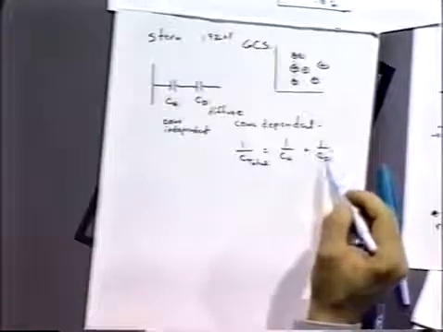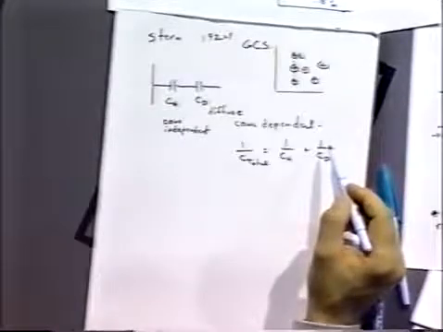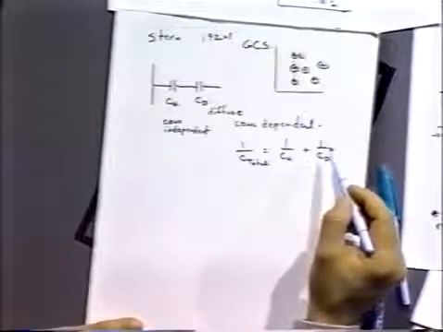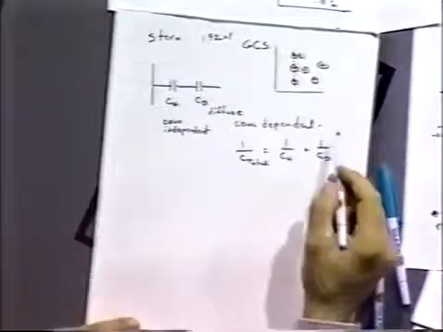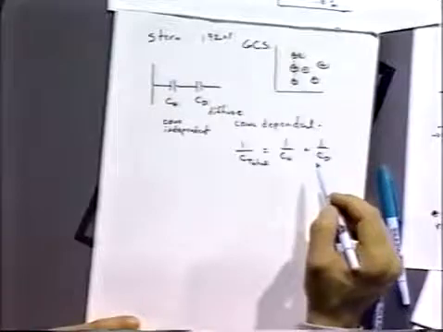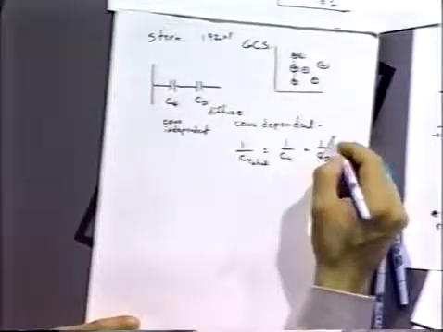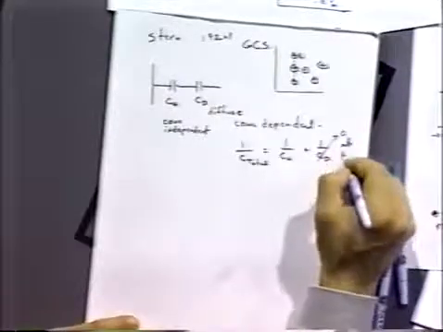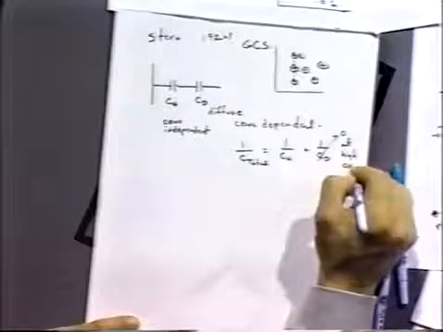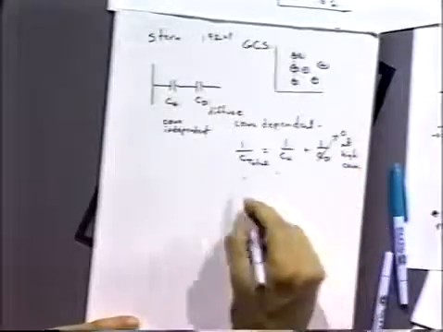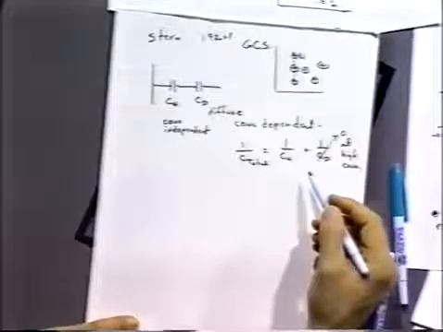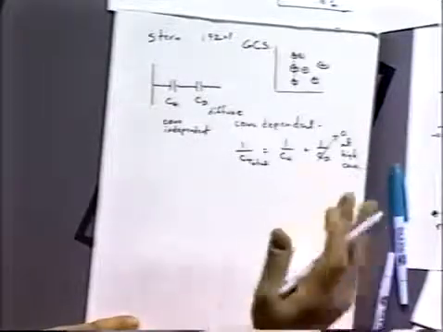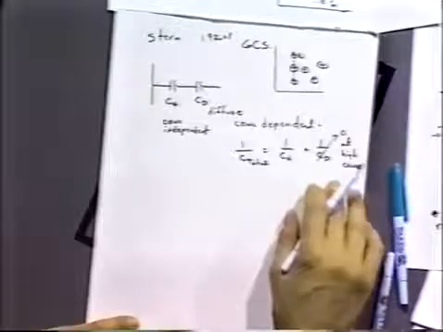Now, when the diffuse capacitance becomes large, which happens at high concentrations, this term essentially drops out. And that means that the Helmholtz capacitance is the only thing that you see at high concentrations.